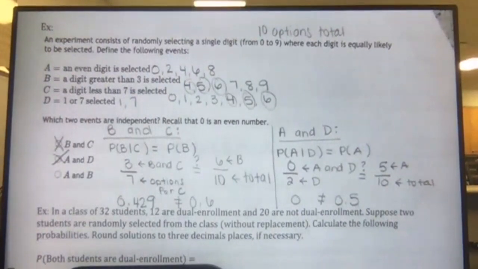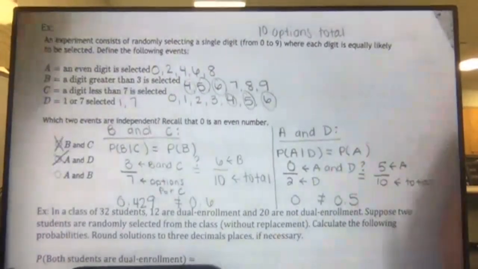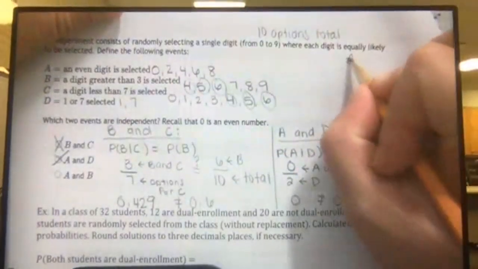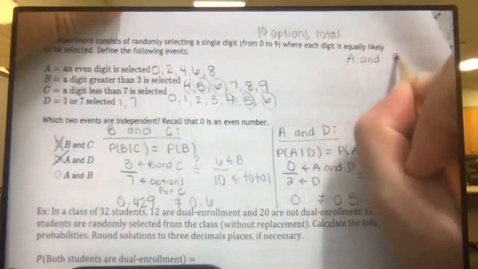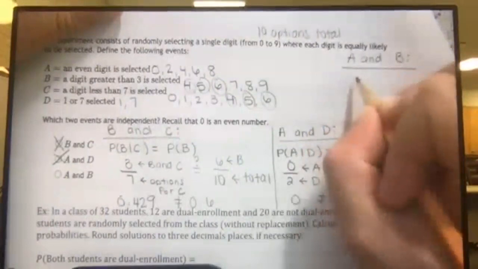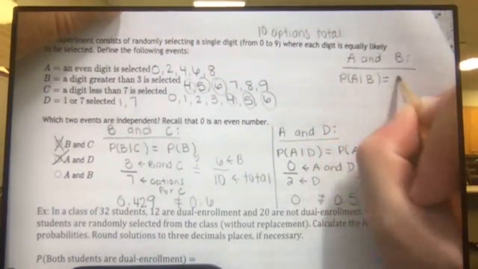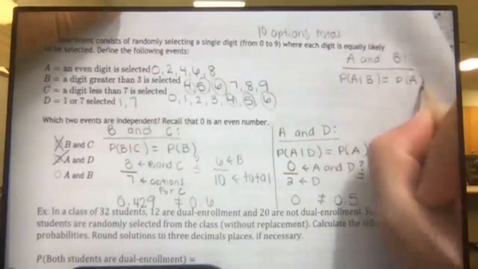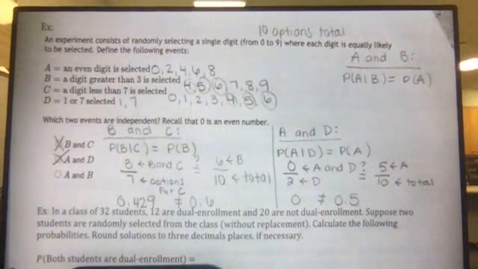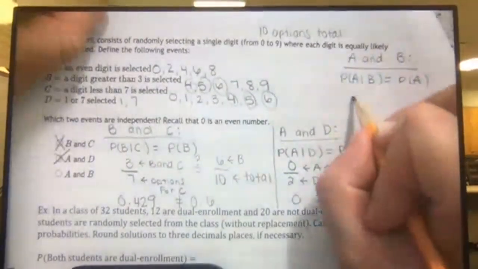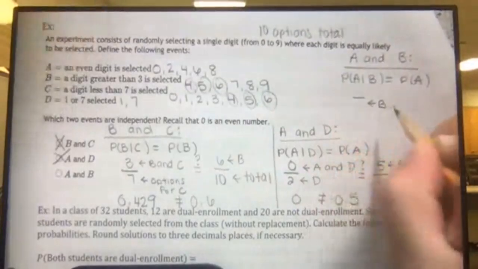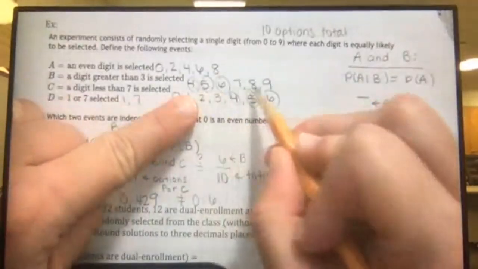Last one, A and B. So probability of A given B has to equal the probability of A. So we're just looking at what are our options for B. I have 4, 5, 6, 7, 8, 9.